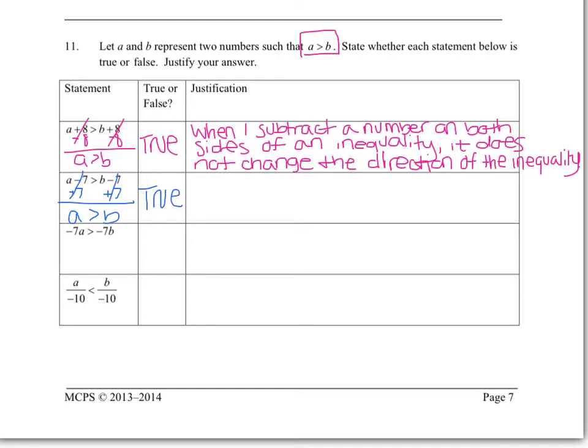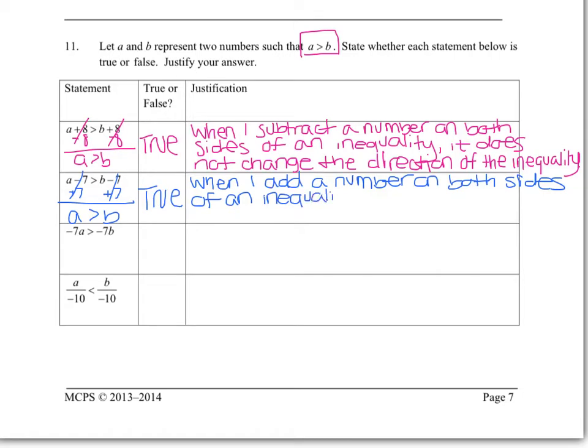And it's going to be almost the same exact reasoning, except this time, when I add a number on both sides of an inequality, it does not change the direction of the inequality.